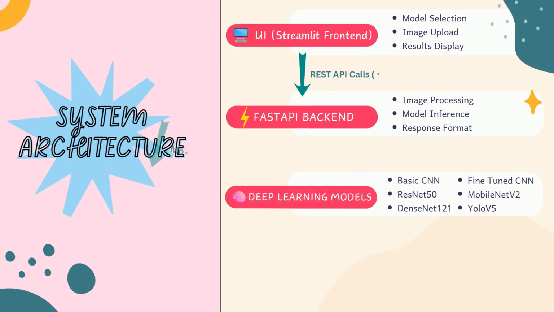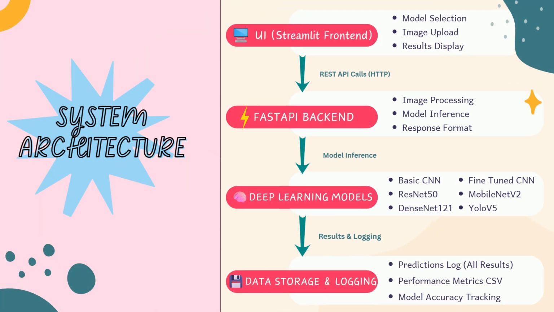Before the demo, let me show you the system architecture. Streamlit frontend handles the user interface, model selection, image upload, and result display. It communicates with our FastAPI backend through REST API calls. The backend does three things.